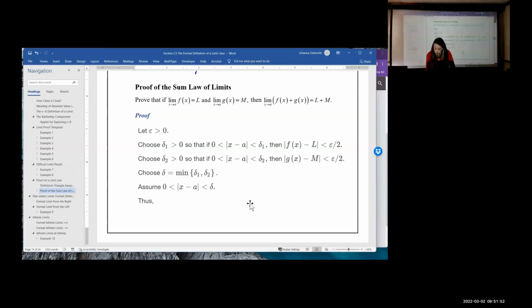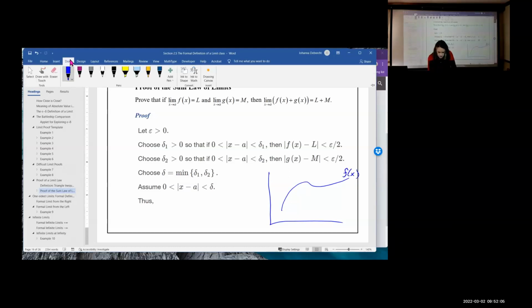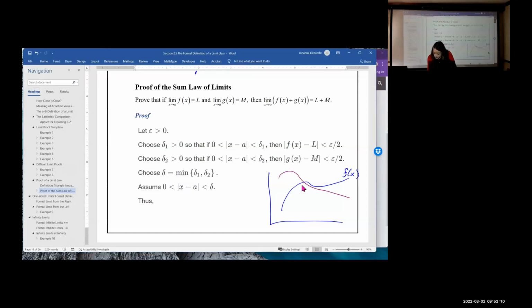So if you will, imagine that you've got a graph and you've got two functions. Maybe I should make them different colors. So we have an f of x and we have a g of x. And we have a right here.